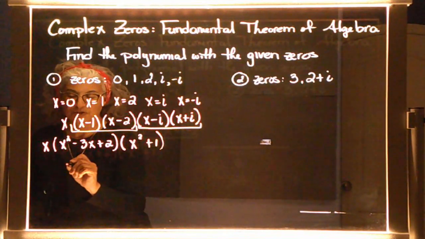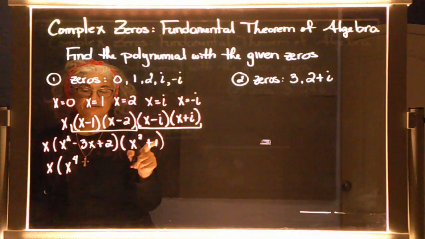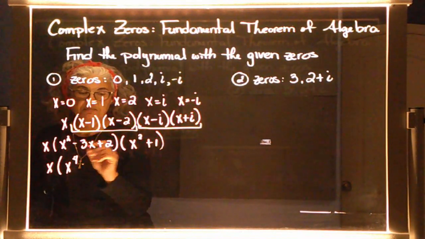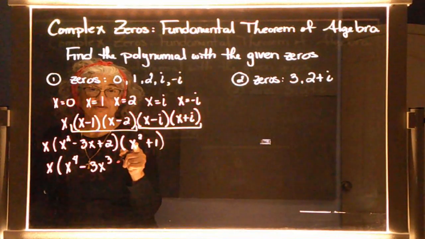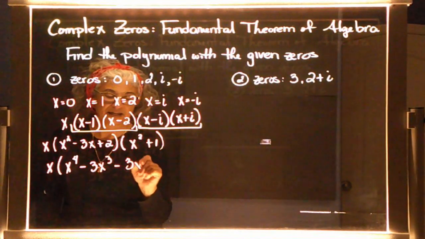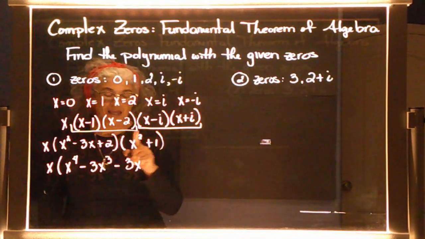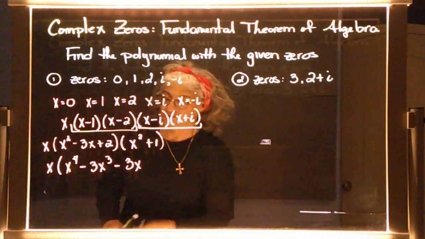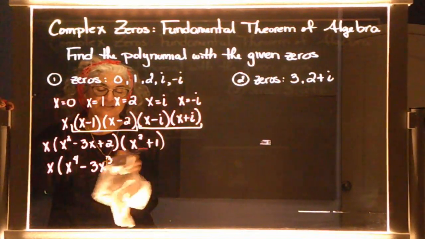So, looks like we have x times a quantity. We have an x to the 4th, right? Minus 3x to the 3rd, correct? Minus 3x. You know what? I'm going to start that over again. Why? Because I took my multiplication out of the order I'm used to taking it in.